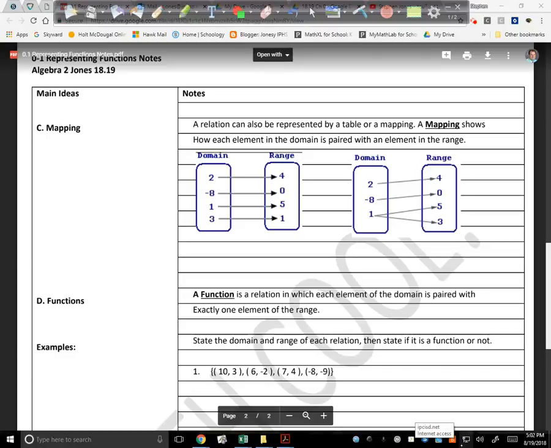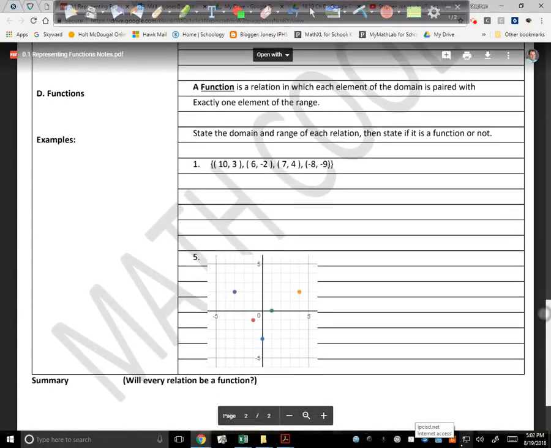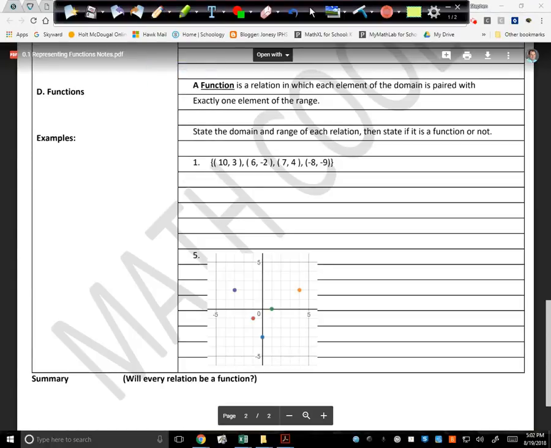Okay, so now we're going to talk about functions. Functions are, like I said, one of the most important things we talk about because everything we talk about is a function. So what is a function? Really, a function is just a relation in which each element of the domain is paired with exactly one element in the range. So it's really a special kind of relation. Still made up of coordinate points, or it could be made up of a line, which is made up of coordinate points.